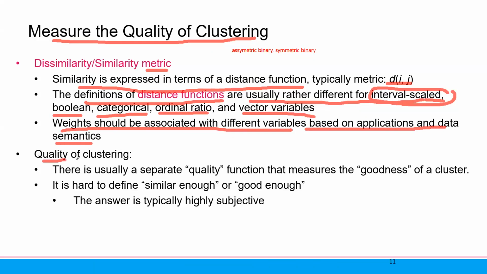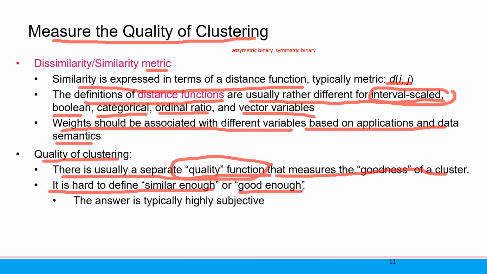For the quality of clustering, there is usually a separate quality function that measures the goodness of clusters. We will check later what the quality functions are. For now, I can say that it is hard to define similar enough or good enough.